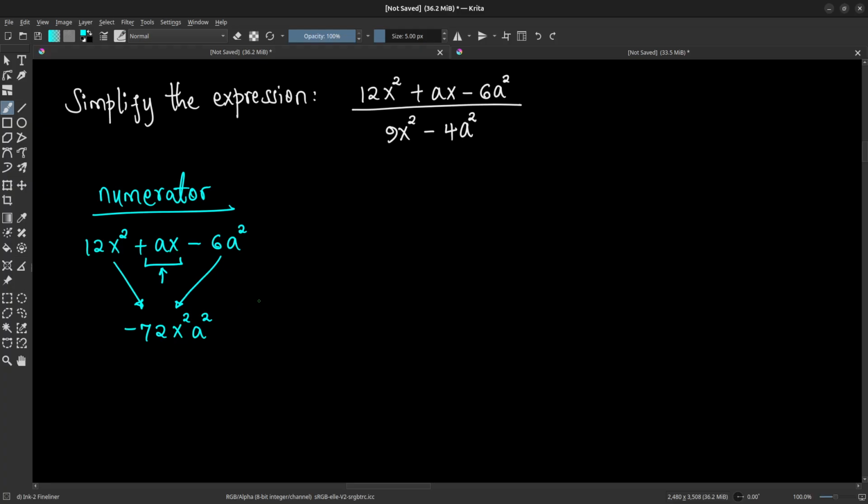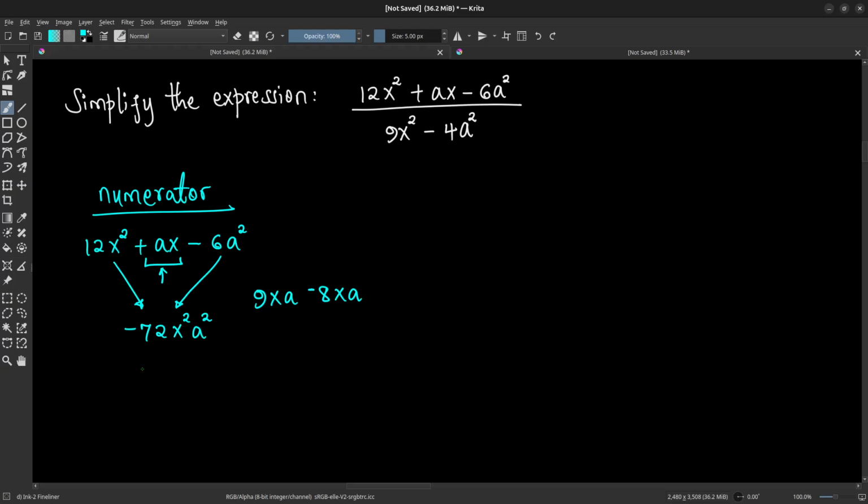So in this case, those two factors are going to be 9xa and 8xa, and the negative sign is on the 8, so that when you multiply these two, you get negative 72x squared a squared, and when you add them, you get ax.